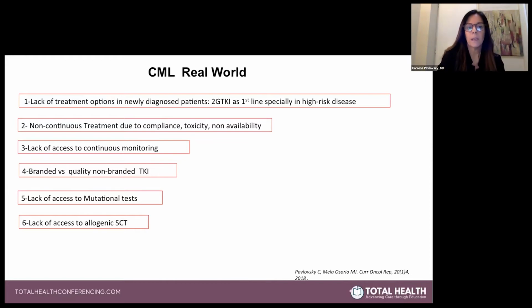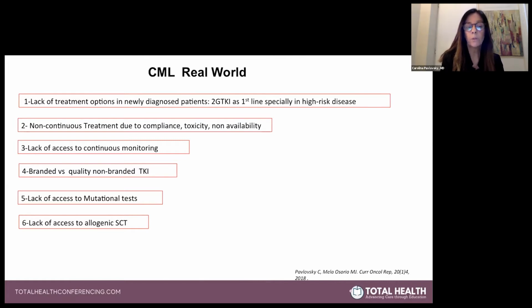For example, lack of treatment options in newly diagnosed patients. What is important here is that second-generation TKI must be considered as first-line treatment, especially in high-risk disease. Another important thing is that non-continuous treatment is due to compliance, toxicity, and non-availability, and this is very common.